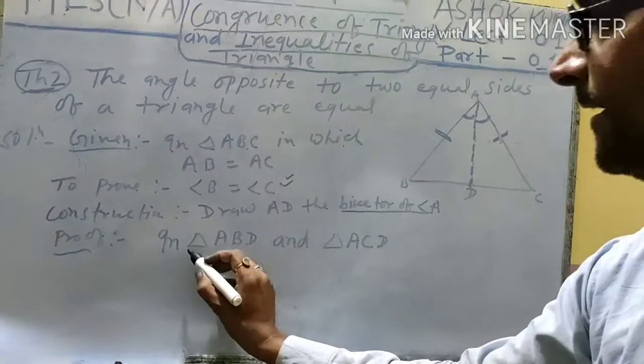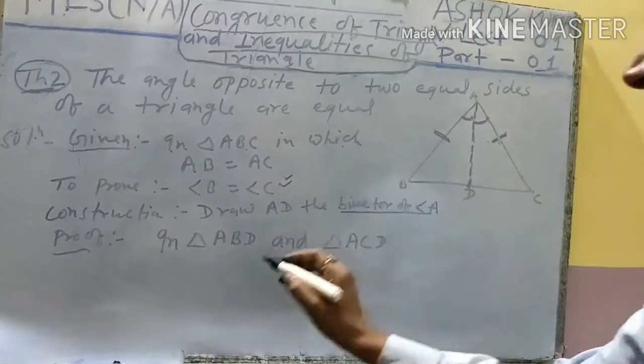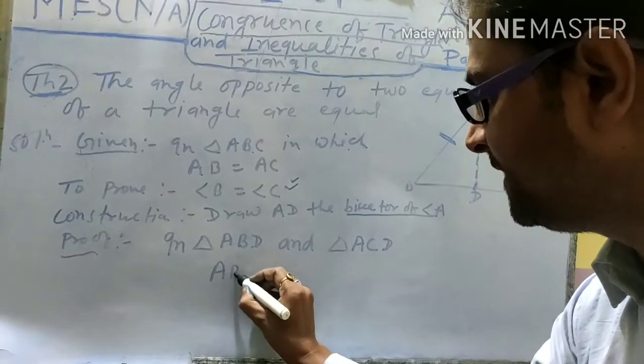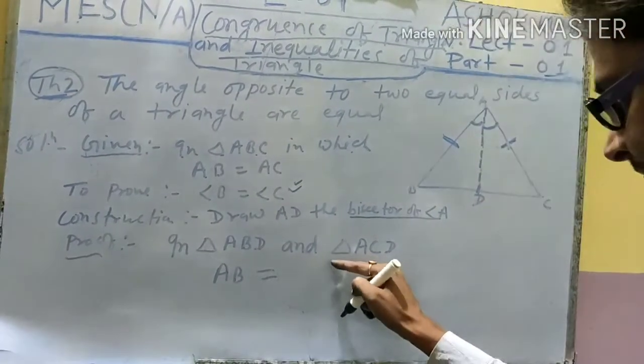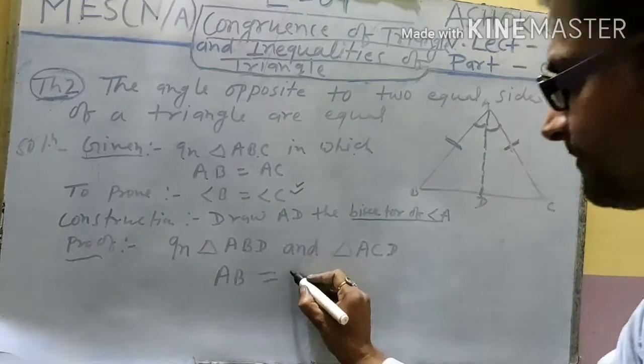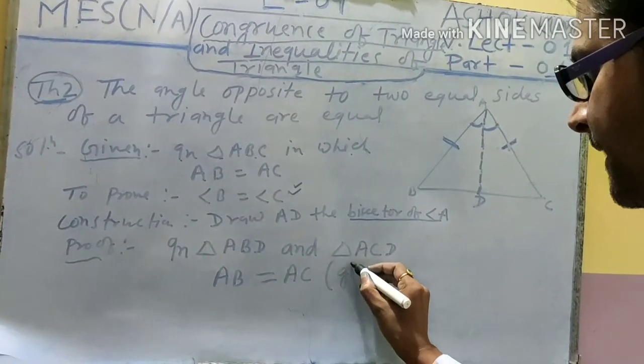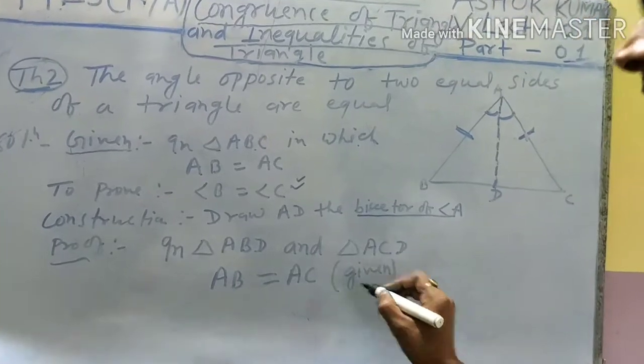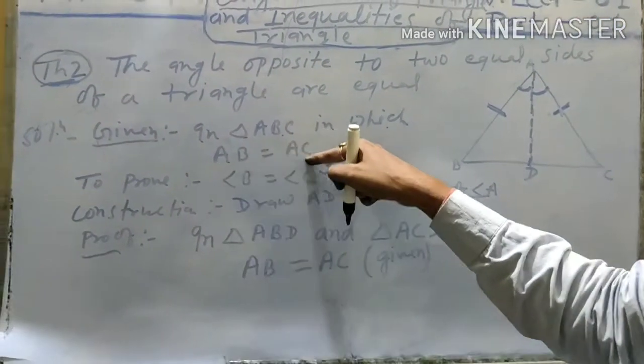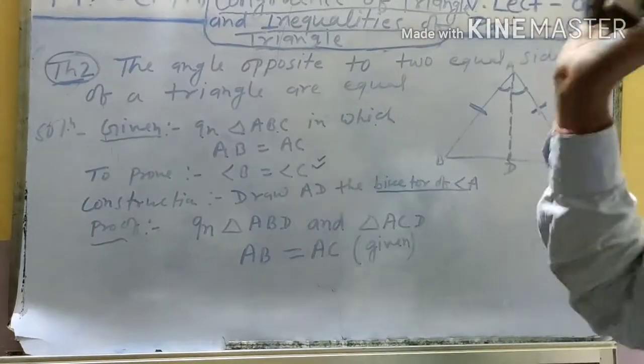Okay. In this triangle AB, we can take here AB is equal to, in this triangle, AC. AB is equal to AC. This information is given because this is the given information.